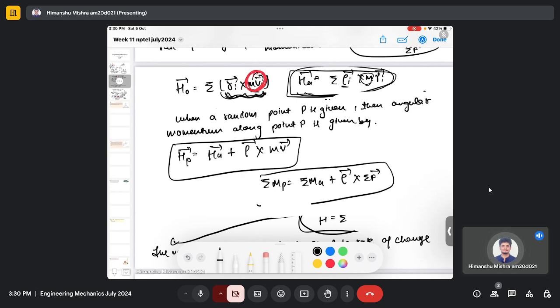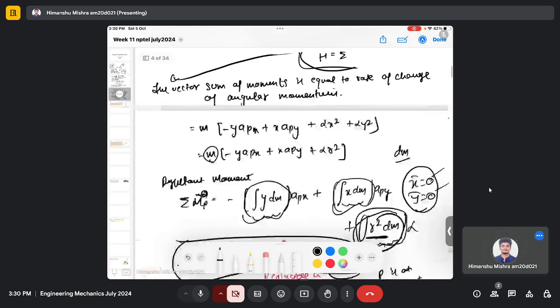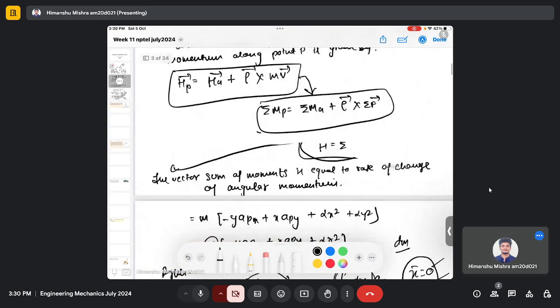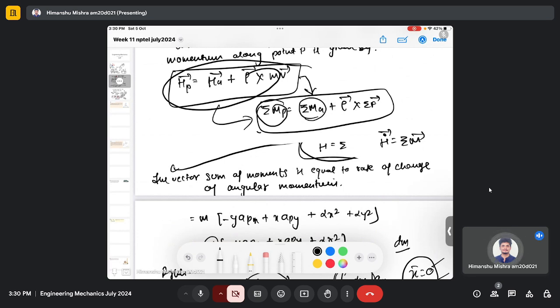So I can deduce the expression of moment from the angular momentum, because we have seen that both are related. My rate of change of angular momentum is the summation of moment. So from this equation I can write down the expression for the summation of moment at point P, which is equal to the summation of moment at the center of gravity plus rho cross F, where rho is the position vector.